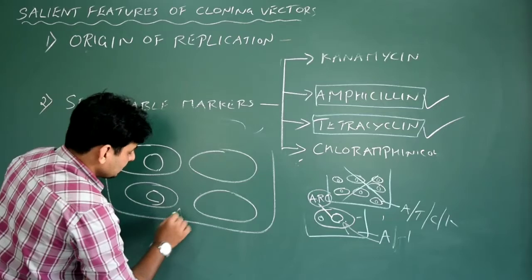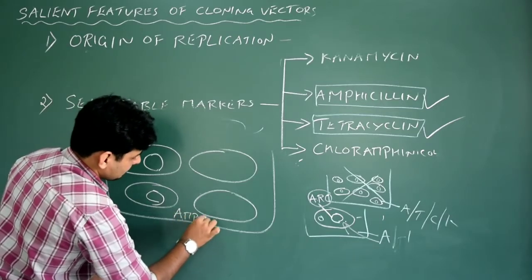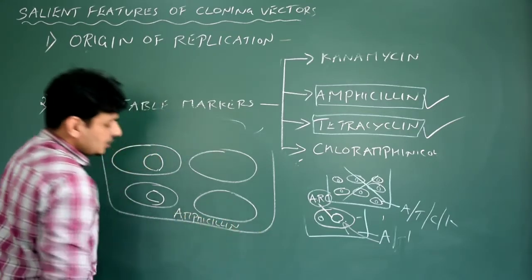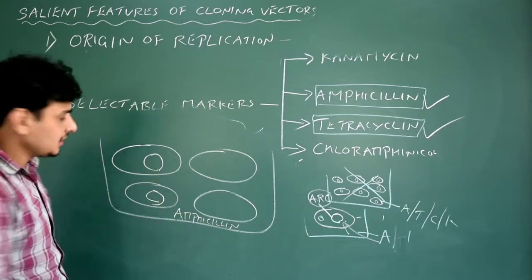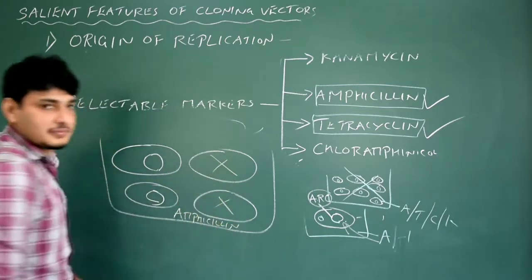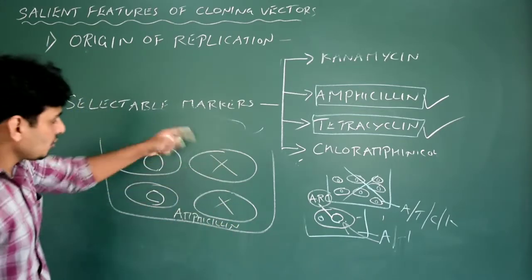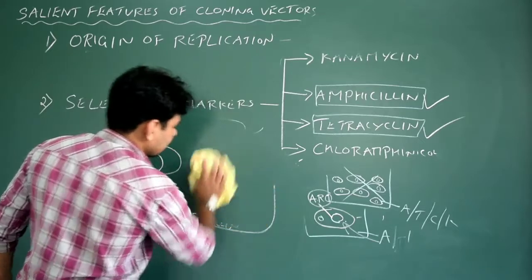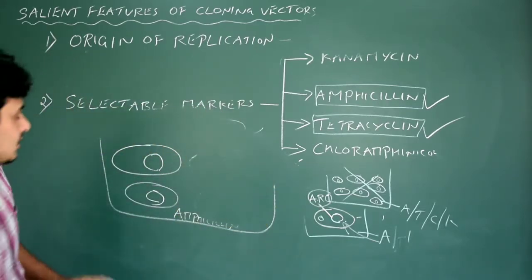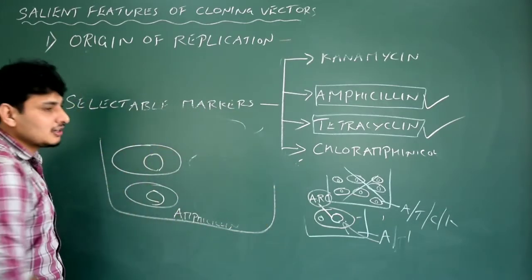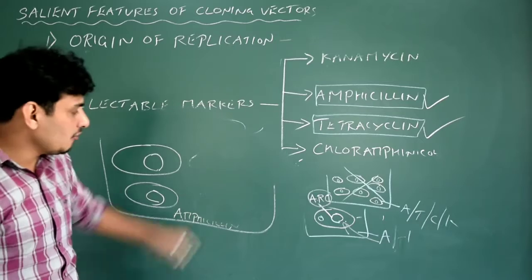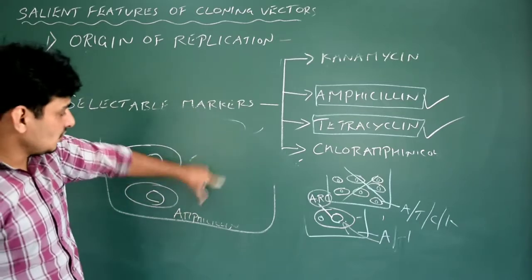Let us assume that it is ampicillin. Ampicillin is there in the Petri plate. So these two bacteria obviously die, correct? Because they have not taken the rDNA. So we are left with 2. It is almost understood that these two are now recombinants or transformants. I have eliminated the non-transformants.